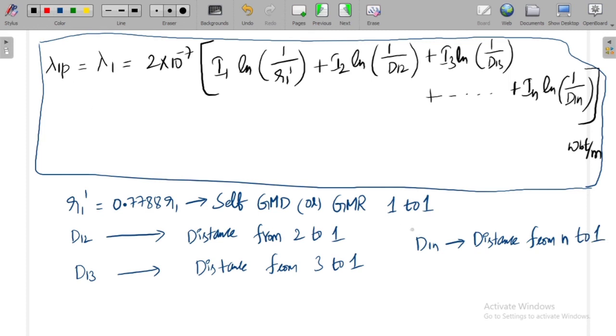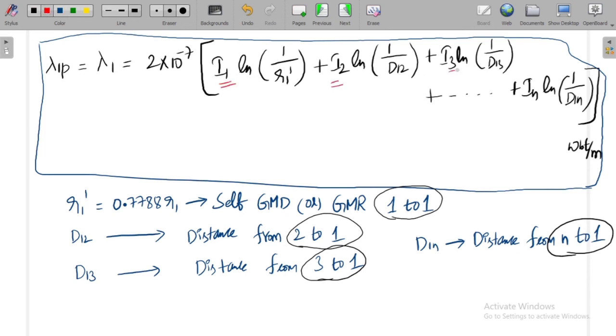Observe all these distances which are inside the natural logarithm are the distances from the remaining conductors to the first conductor, and at each and every term you have the currents. So in this way you can find the flux linkage on conductor 1, the flux linking the conductor 1 due to all the conductors including I1.